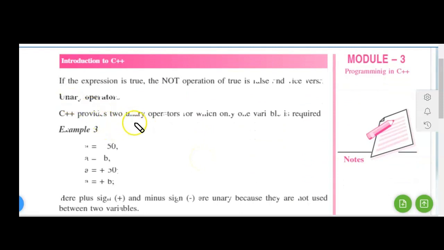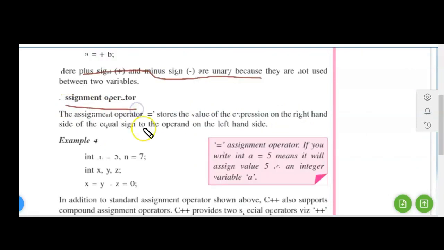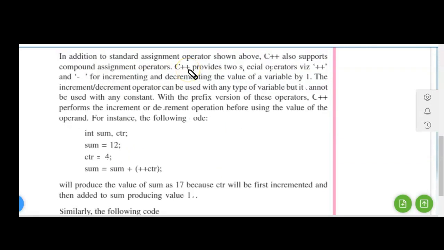Unary operators: there are two unary operators in which only one variable is required. For the assignment operator, this equal to, you have seen in so many places. See here, n is equal to 7. This is known as the assignment operator. Here it is not the equal to operator. You have got another operator, plus plus and minus minus. Plus plus means you have to add one to the value.